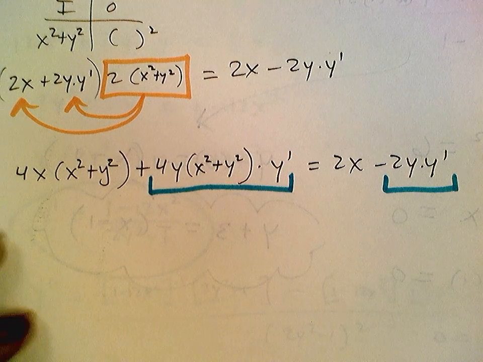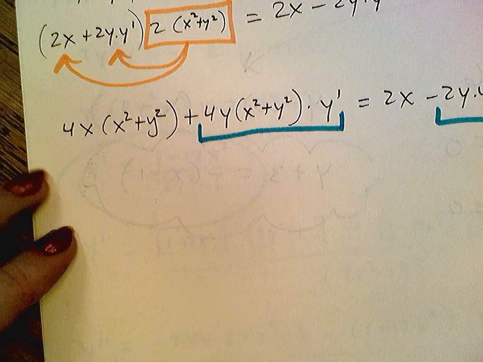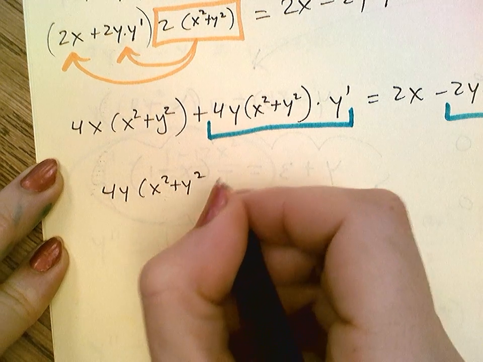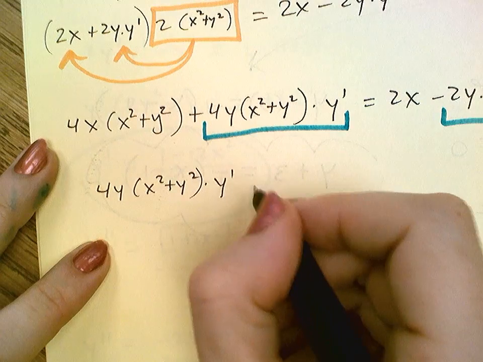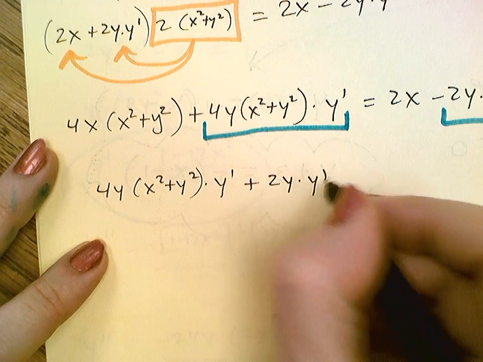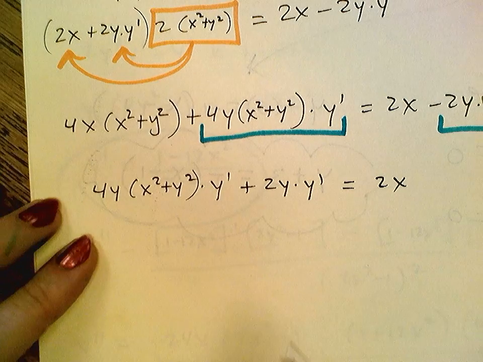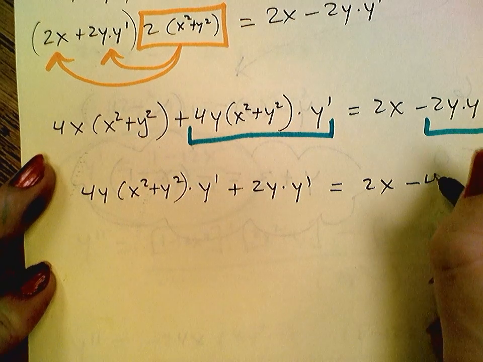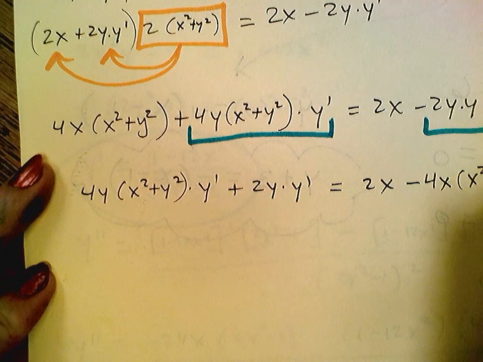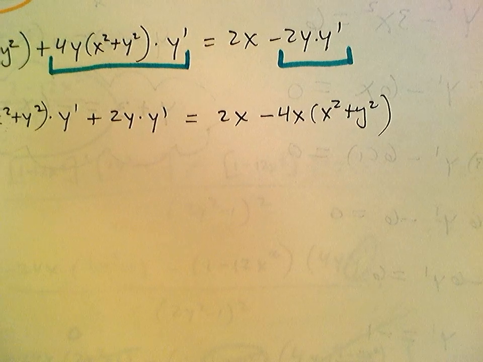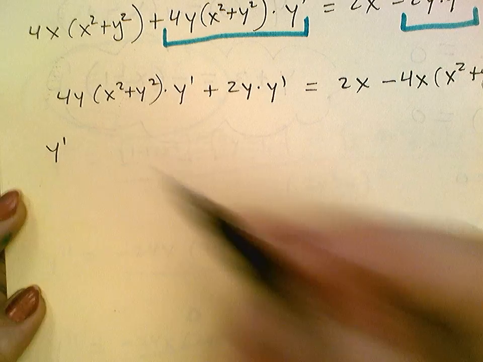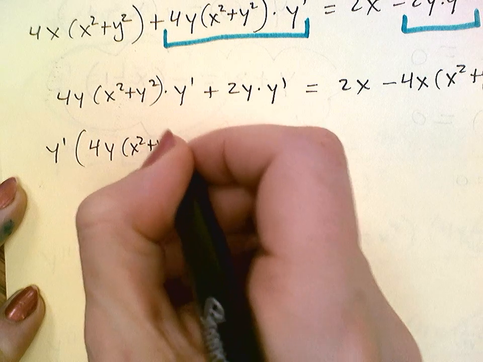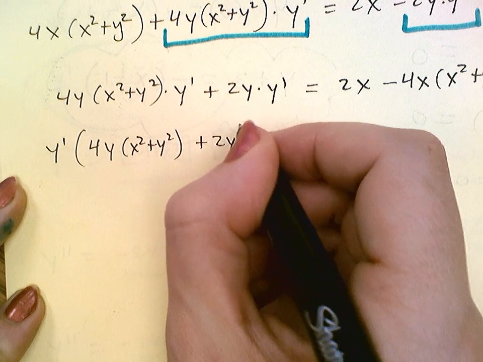So then, all right, how will this be? This will be 4y(x squared plus y squared) y prime plus 2y y prime equals 2x, and then I want this one over there, minus 4x(x squared plus y squared). And then I factor out a y prime over here, plus 2y.